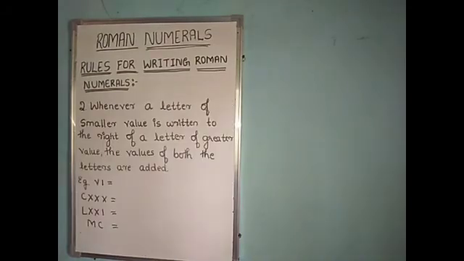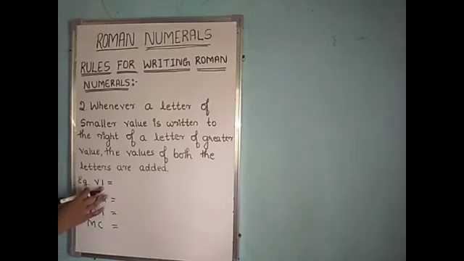Let's learn the second rule. Whenever a letter of smaller value is written to the right of a letter of greater value, the values of both the letters are added.